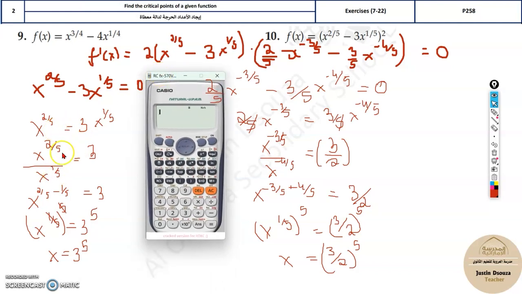So let's try this one. Alpha x to the power 2/5, that is equal to 3 alpha, sorry, I need to take this out, now equals 3 alpha x to the power 1/5. Now let's shift and solve. Okay, you're not getting the answer over here.